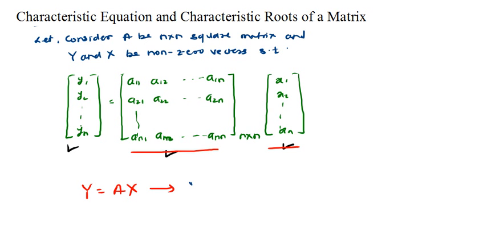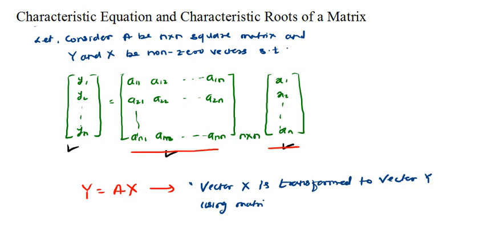This means that the vector x is transformed to the vector y using the matrix A. This is called a linear transformation from x to y.